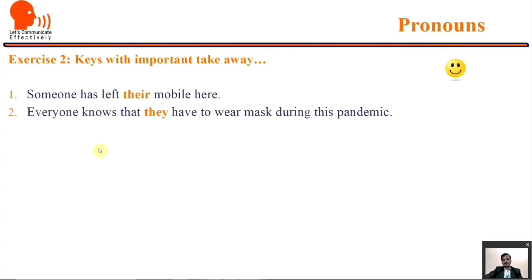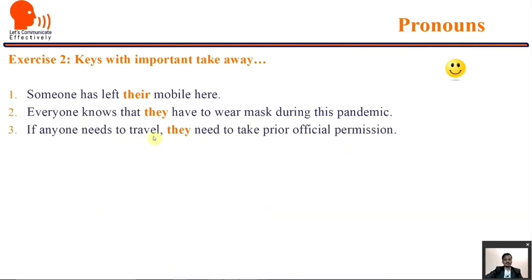Because as per modern grammar, if the gender is unknown, we use they or their or them. So here, with someone, we are not aware whether someone is a boy or a girl, that's why their. Even they is used for a singular he or she if the gender is unknown. So everyone knows that they have to wear a mask during this pandemic.